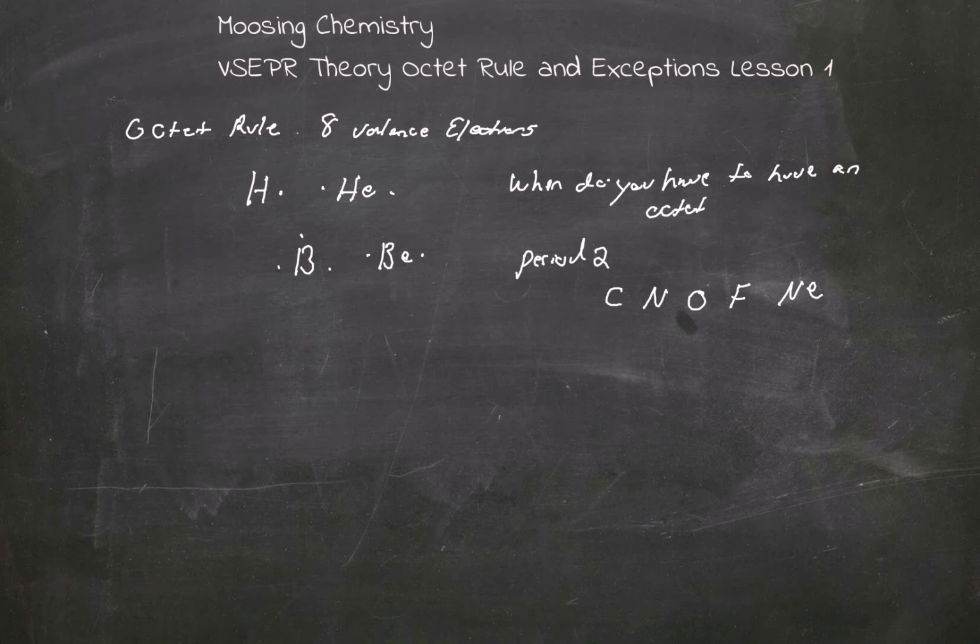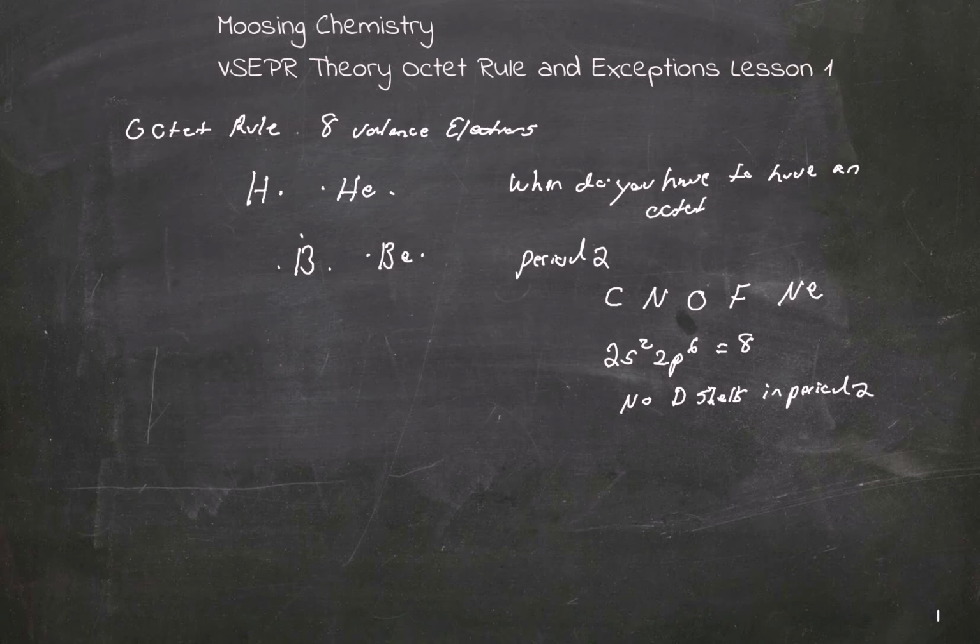Now, why is that? Because these are based upon 2s2 and 2p6. Look at that. 2 plus 6 is equal to 8. So there are no D shells in period 2. So we can't expand the octet, right?